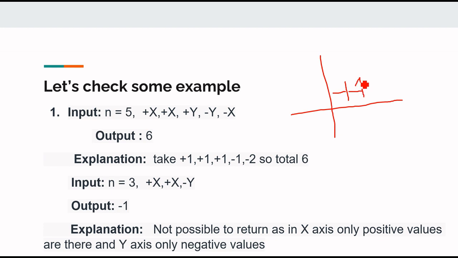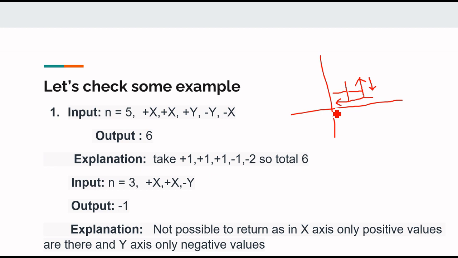So suppose I am giving like this, and I have to come back, then minus x meaning negative direction. So this is possible to come back to origin, and they didn't mention that the value of x and minus x will be same or fixed.